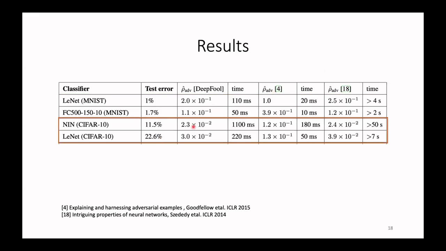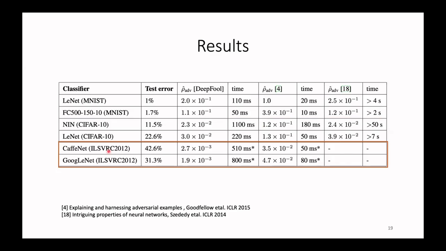We have similar results for CIFAR10 models in terms of the magnitude of the perturbation and also the speed of computation. For the ImageNet dataset with GoogLeNet, we see that DeepFool generates a 25 times smaller perturbation compared to the fast gradient sign method.